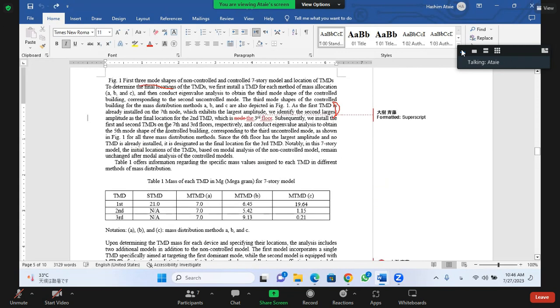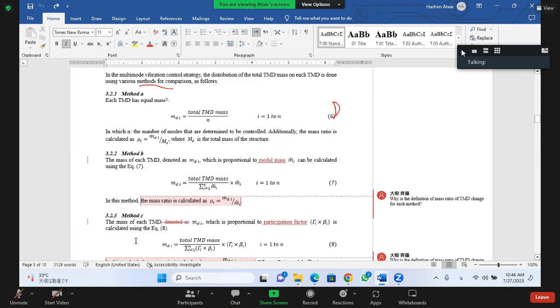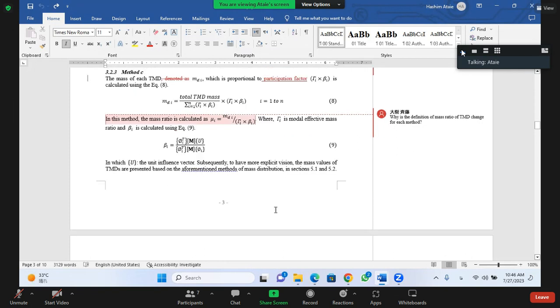Here, sensei, I said the mass values of TMD based on the aforementioned methods of mass distribution in these two sections.